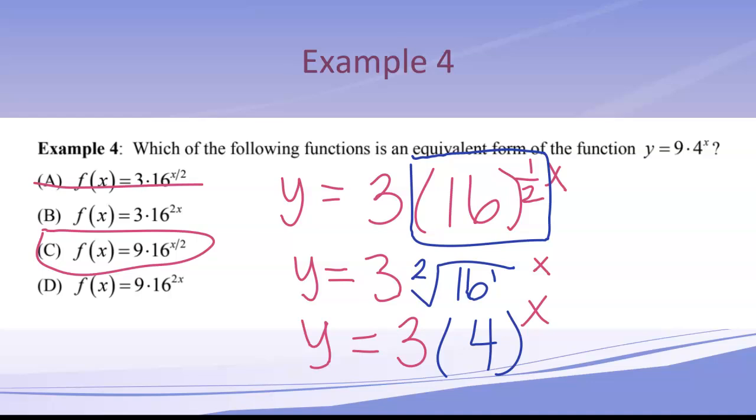So if I change this to a 9 all the way down, then that's going to match that original equation that was given. So to recap, another way to write 4 is 16 to the 1/2, because I can convert that into radical form, and that is just the square root of 16.